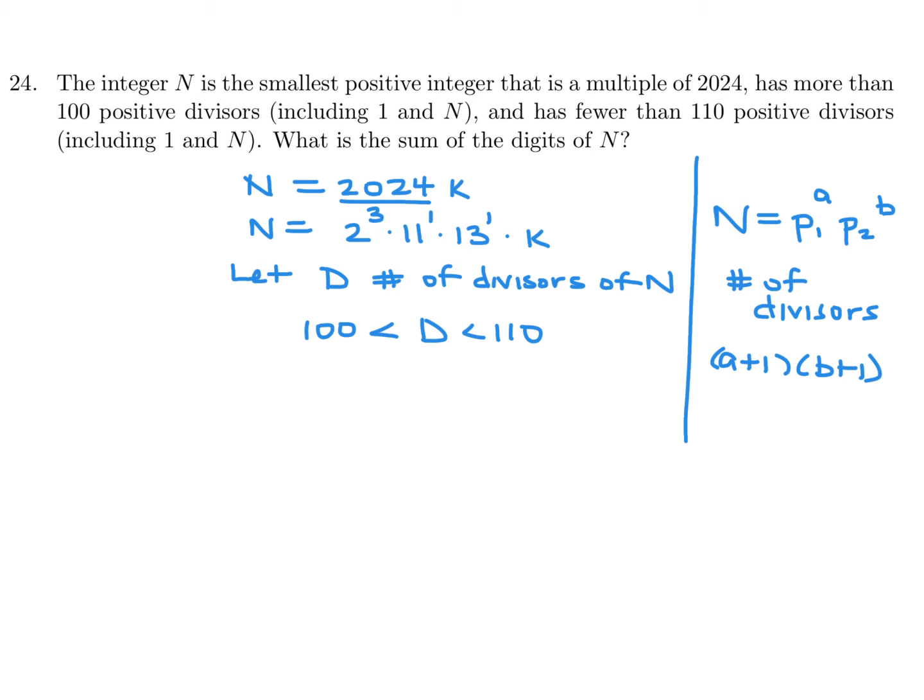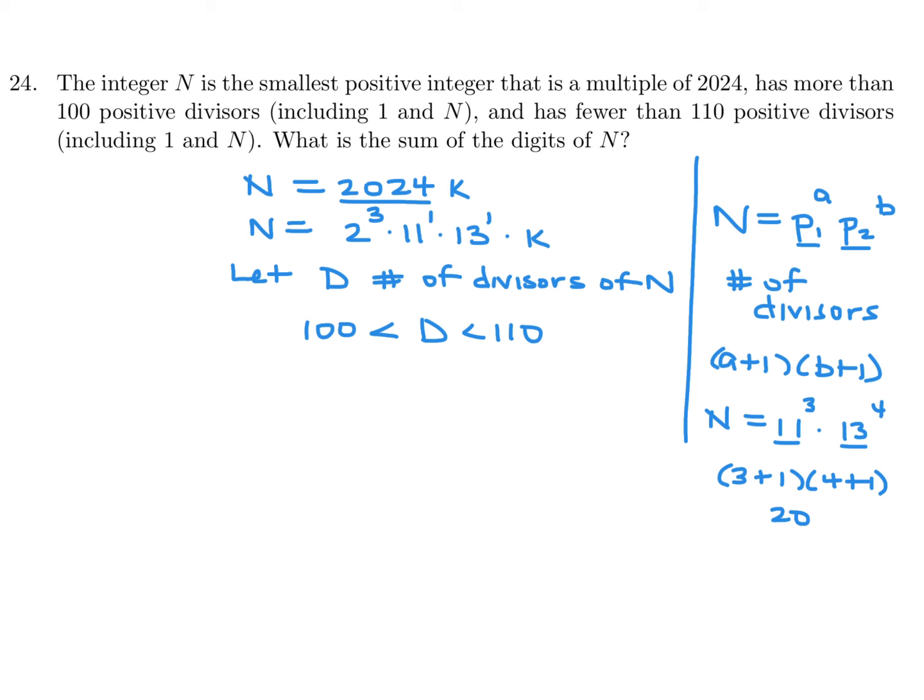So for example, if I gave you a number and you broke it into its prime factors, and it was something like 11 to the power of 3 times 13 to the power of 4. And remember, these have to be prime numbers, just like they're prime numbers up here. And I said to you, how many divisors does n have? Well, instead of doing the long way, which would take forever, you just take the 3, add 1, take the 4, add 1, and there you go. So that's 4 times 5, which is 20.